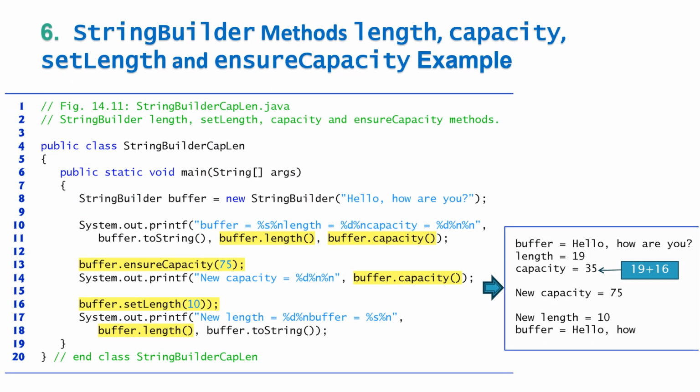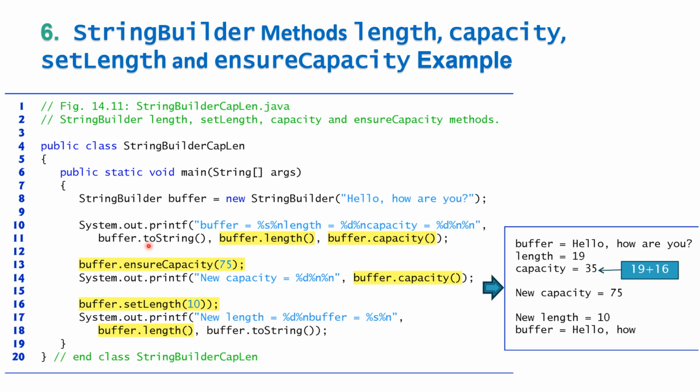Here is a program that shows an example of using the 4 StringBuilder methods: length, capacity, setLength, and ensureCapacity. This program first declares and creates a StringBuilder object named buffer from the string "Hello, how are you?"